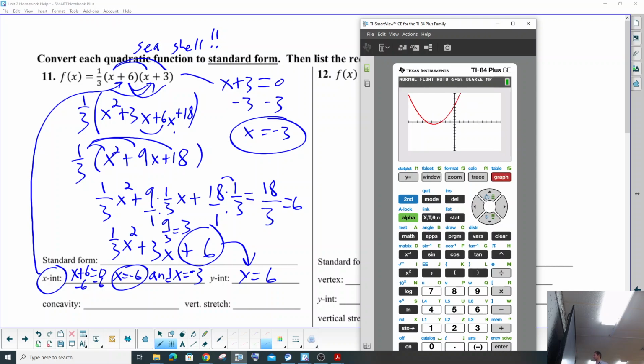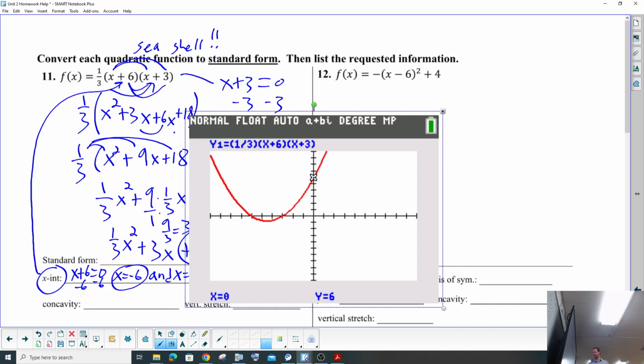So when we graph it, look, if we push trace, it changes from red to blue. Red equation, blue equation. They're exactly the same, we did it right. Hey, and if you push trace, it gives you the y-intercept. What's the y-intercept? It's 0, 6. Boom.